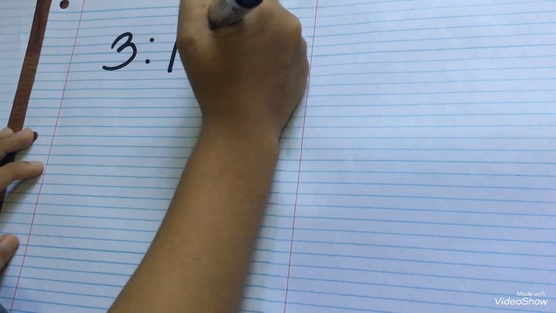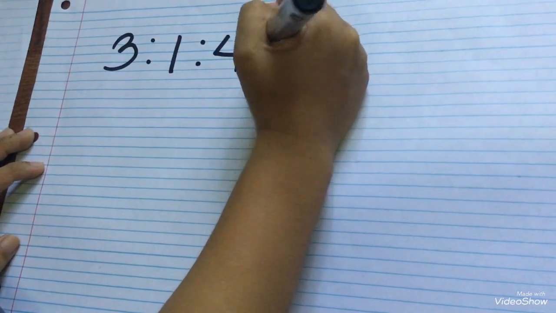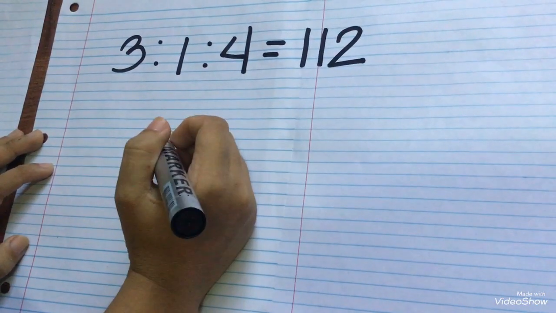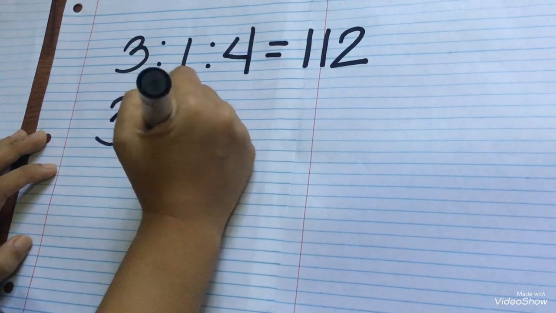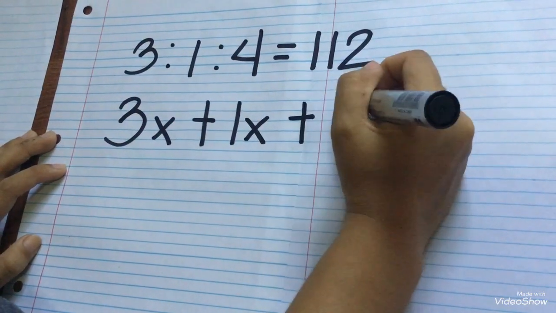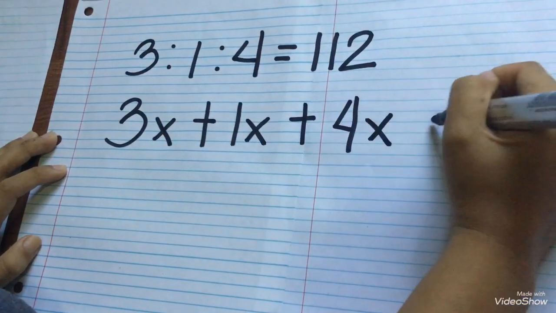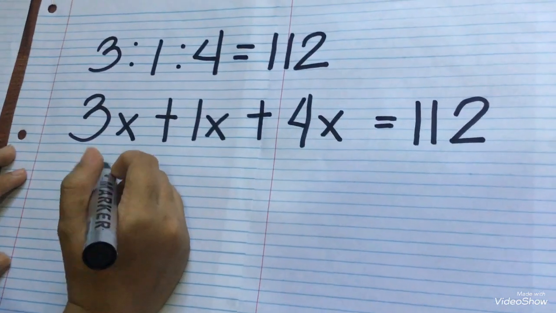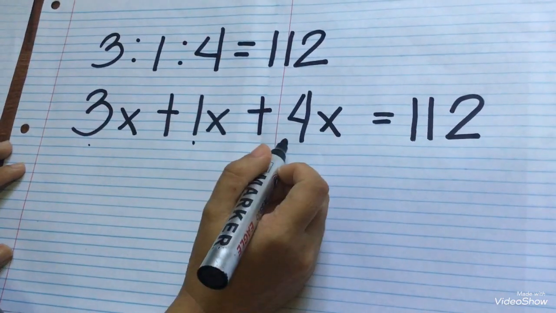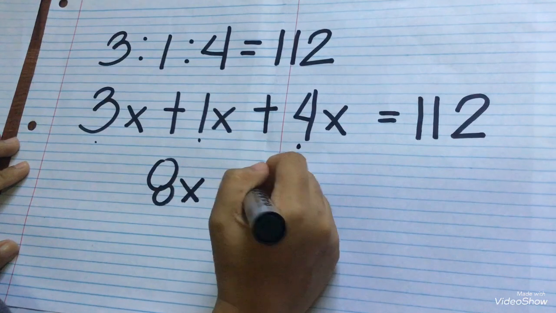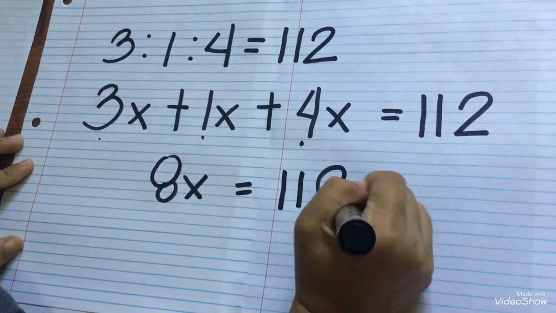We have the ratio 3:1:4 is equal to 112. 3x plus 1x plus 4x is equal to 112. 3x plus 1x plus 4x is equal to 8x. 8x is equal to 112.